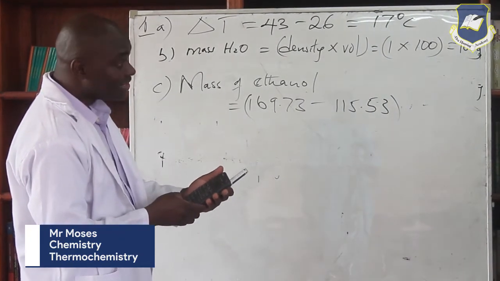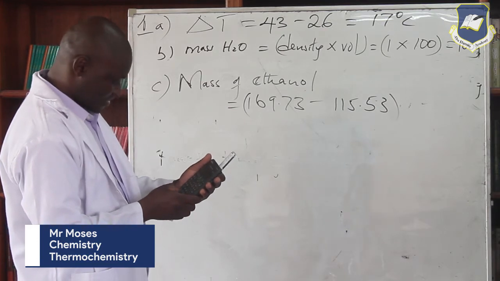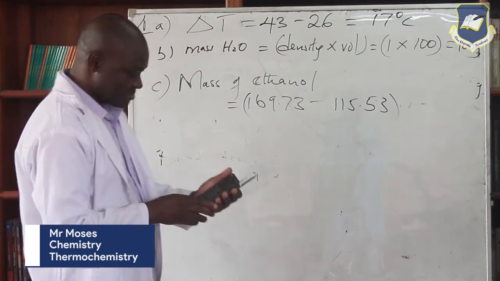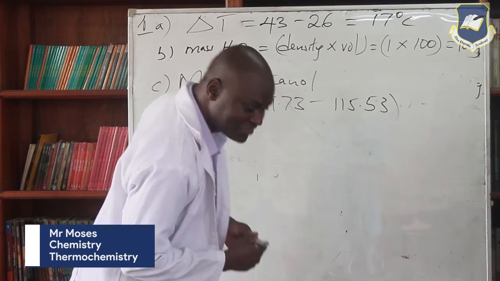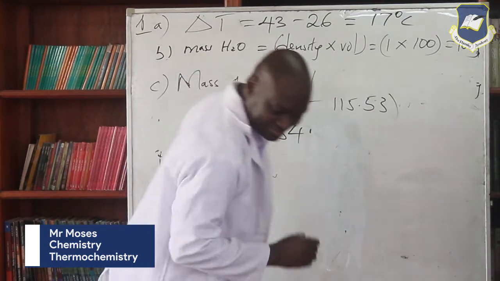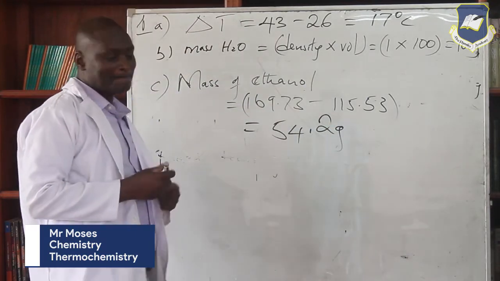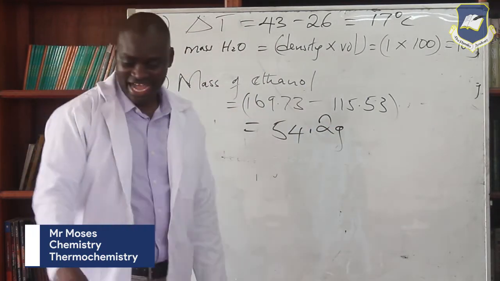So the mass of ethanol burnt was 54.2 grams. I will move on.